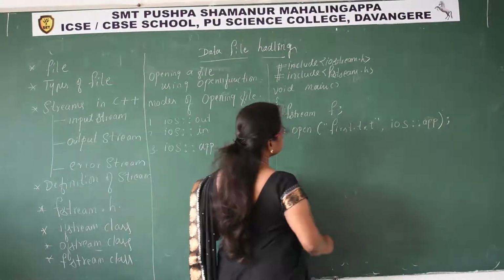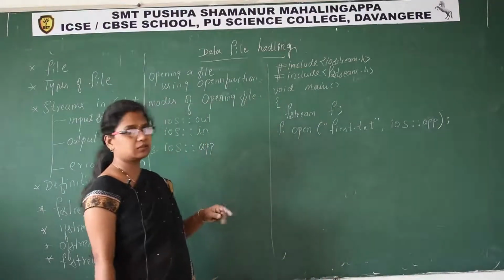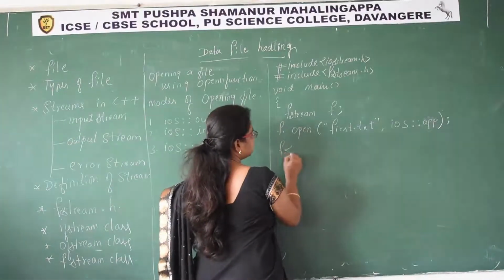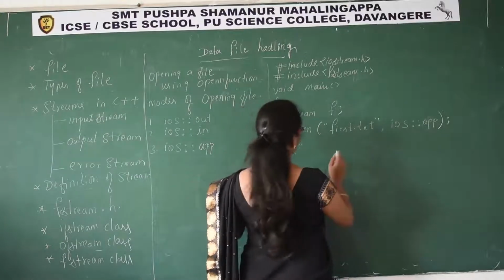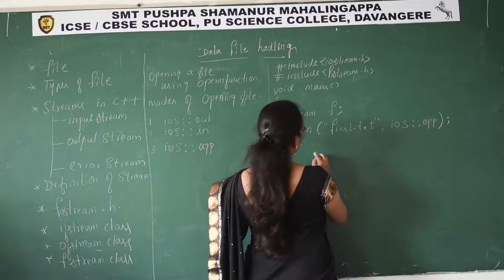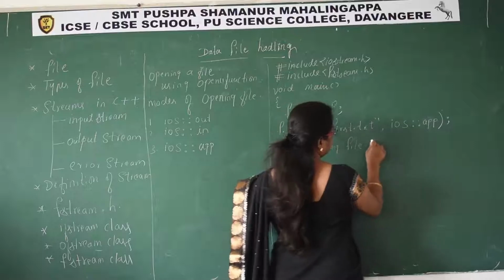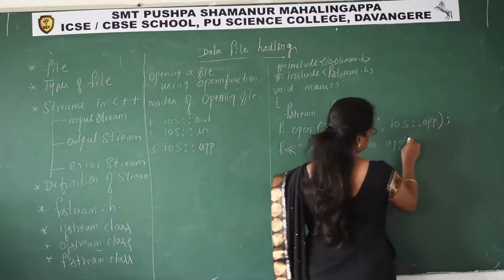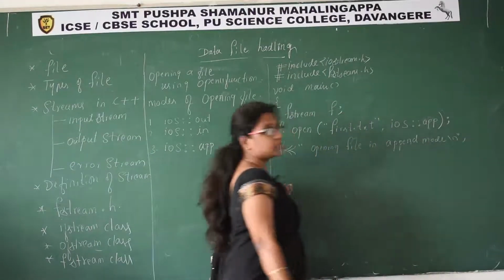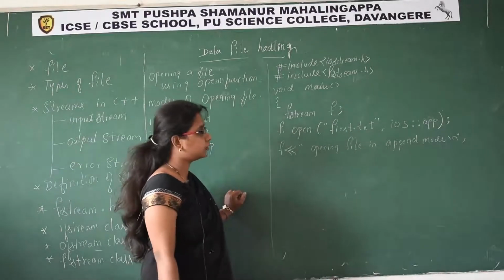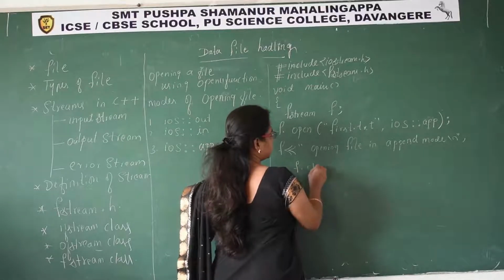Next, I want to add some more text into the file. f insertion, opening file in append mode. So this text will be written to the file, starting from the end of the file. f.close.